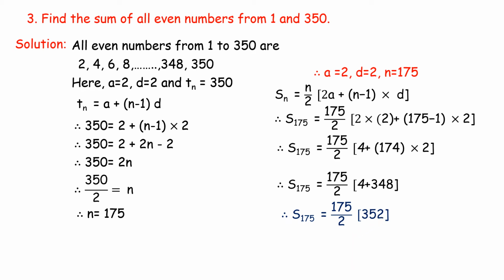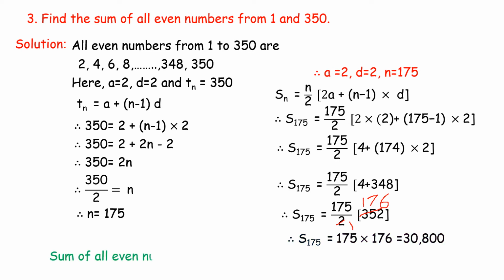We divide 352 by 2. Write down 175 into 176 is equal to 30,800. So write down the answer.